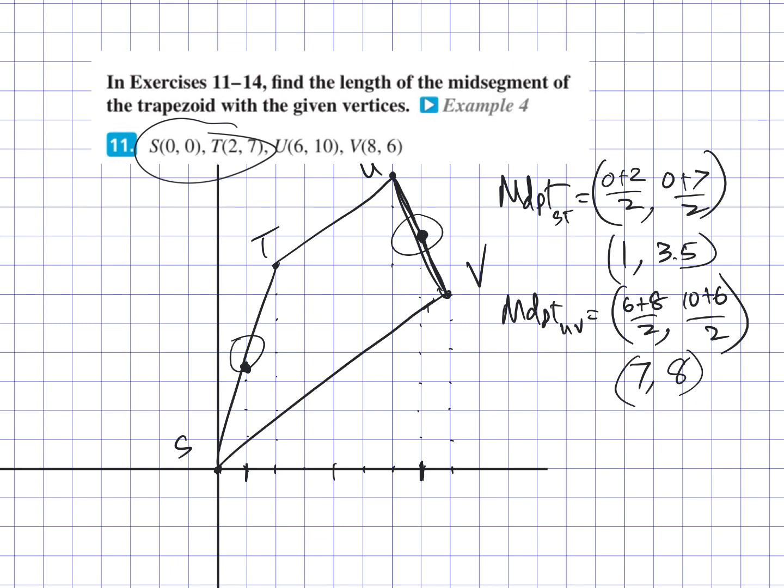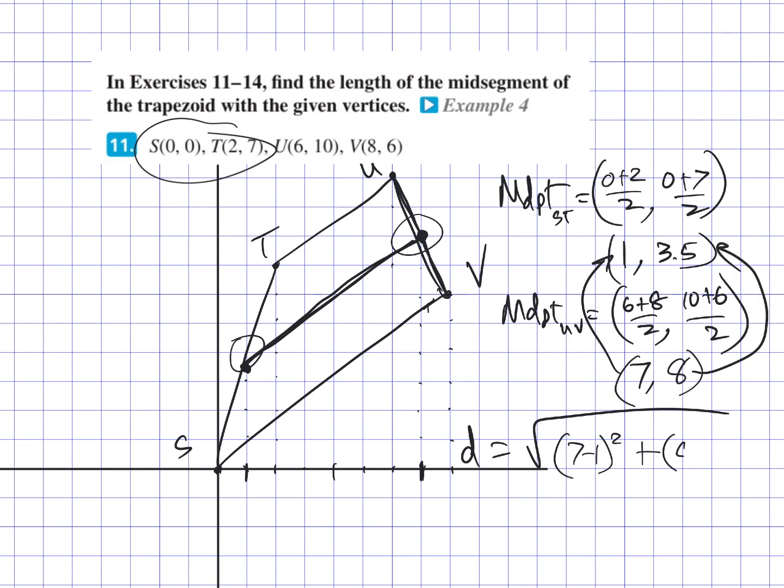Okay, so now we have those two midpoints. What's the length between those? So we use the distance formula. From those points, x minus x, I'll do 7 minus 1 squared. And y minus y, 8 minus 3.5 squared. 7 minus 1 is 6. 8 minus 3.5 is 4.5.